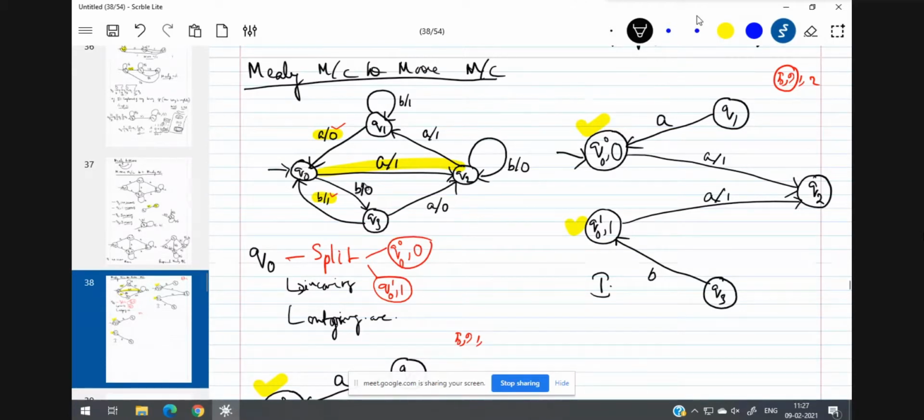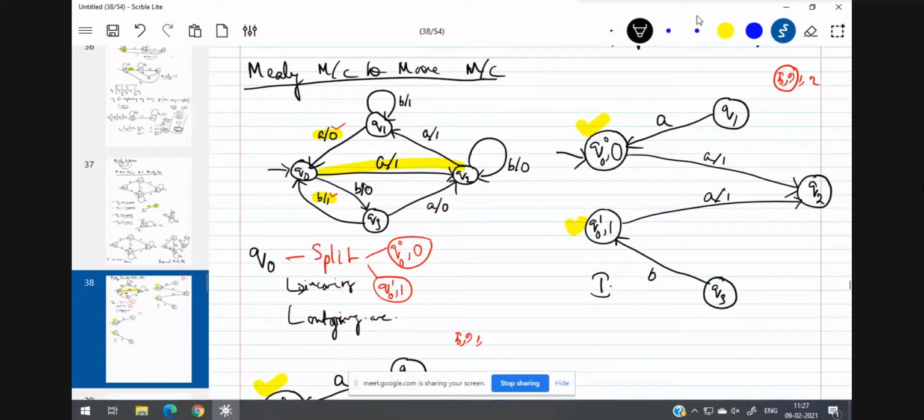We are in the progress of converting a Mealy machine to a Moore machine. That's why this is not correct. But for our understanding purpose, I'm doing it like this. This is not a correct format, to mix both Mealy and Moore. We have decided what the output will be with this Q2. Hence, I have associated this one output, and again this input A is associated with this one output.